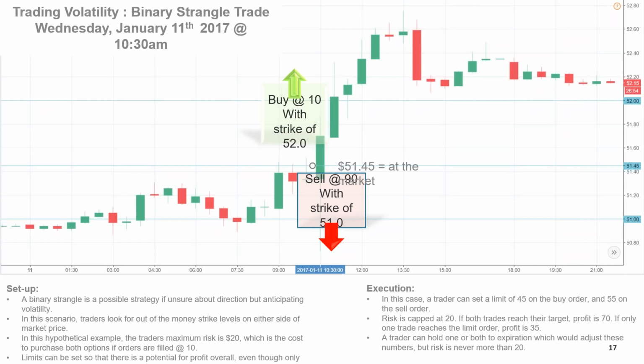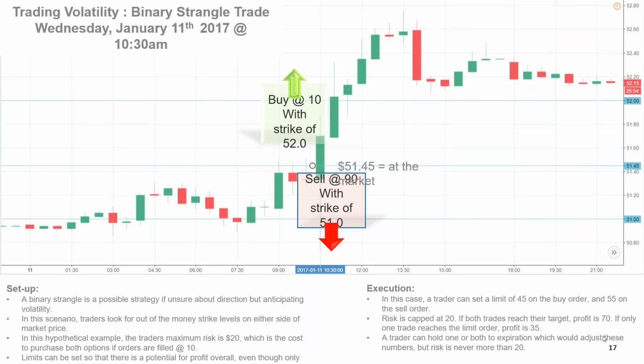You can't set limits if there's potential for profit overall, but we'll just keep it simple here. So in this case, market's right around 51.45. We'll take a strike at 51 and we'll sell it for $10, and we'll take a strike at 52 above the market and we'll buy it for $10.